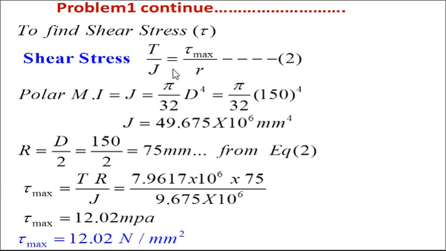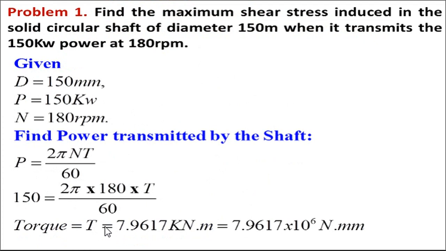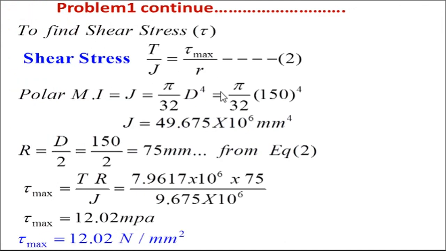Now to calculate tau max, we have the equation T by J is equal to tau max by R. T we have just calculated here, the torque. I have converted it into Newton mm, because here all the values I have used in mm. The polar moment of inertia is in mm raised to 4, the radius in mm. So T, the torque, should also be in Newton mm. That's why its power is 10 to the power 6.